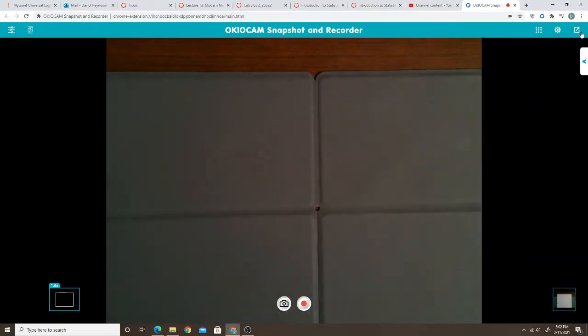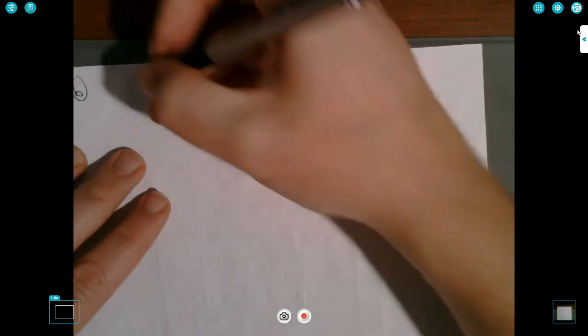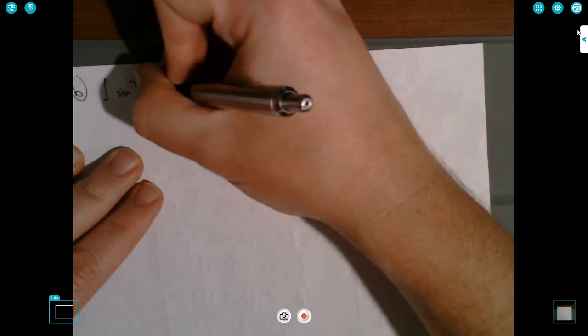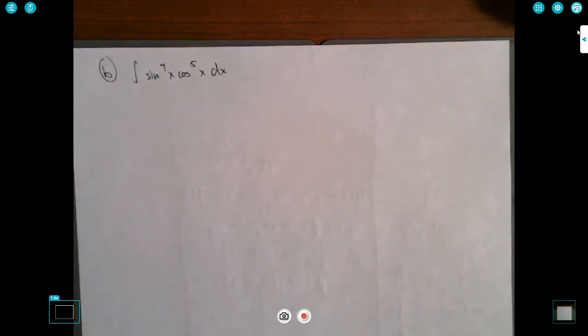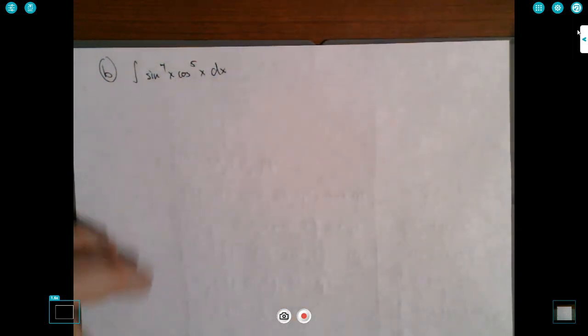Let's look at another one. So let's do sine to the 4th x cosine to the 5th x dx. This one's more straightforward in the sense that there's no ambiguity, right? You do the one that has the odd power. That's the one that you peel off.